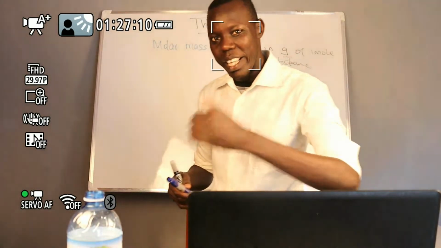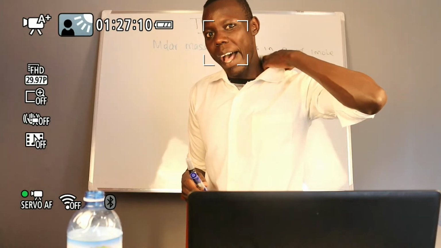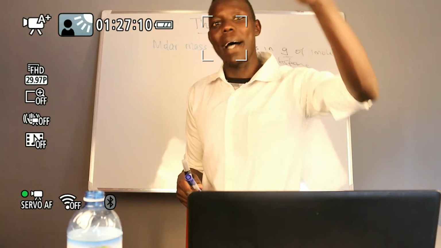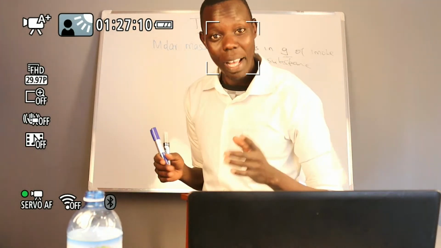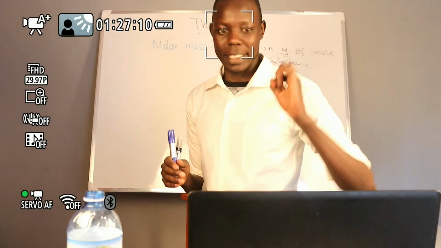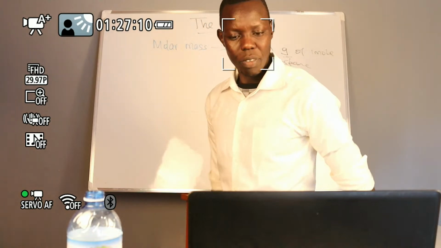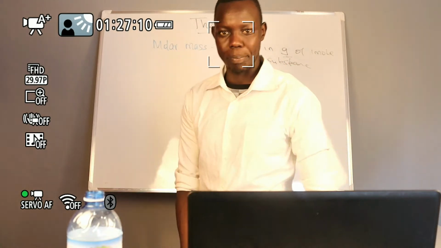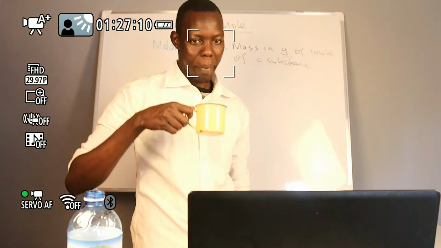Now, do we all know the first 20 elements, their atomic number and their mass number? Now, mass number is what is at some point acting as the molar mass. Let me use this example. Sodium metal.